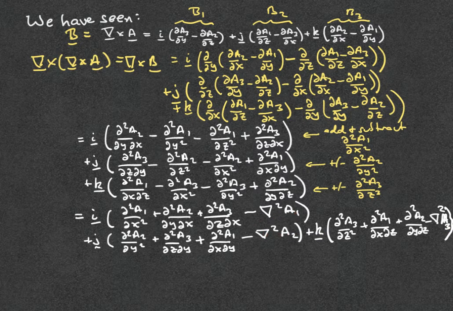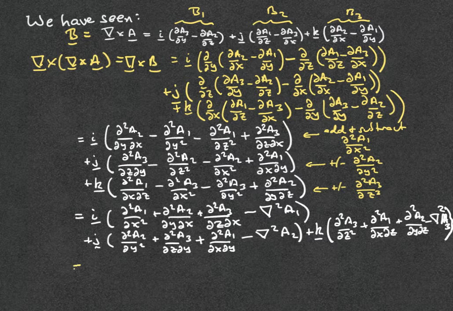So these three terms with the i's, j's and k's correspond to minus the Laplacian acting on the whole of the vector A. So i a1 plus j a2 plus k a3. So what we have to do is to try to simplify these terms and see what we can get out of that. So let's look at this.